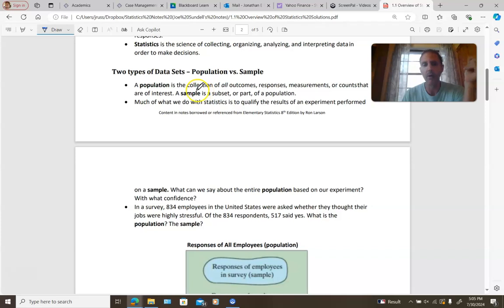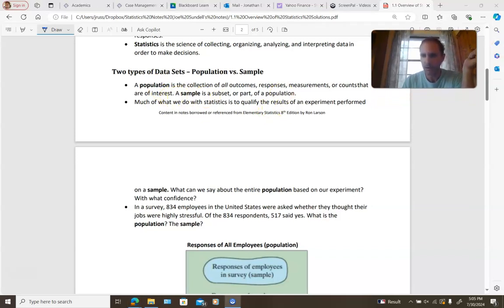That's just an example, but a sample is always going to be smaller than the population. And the reason we use a sample, guys, is because in most cases it would be impossible, or nearly impossible, to collect data from a population. All right.